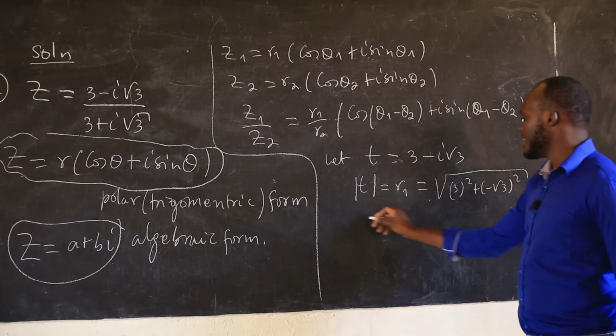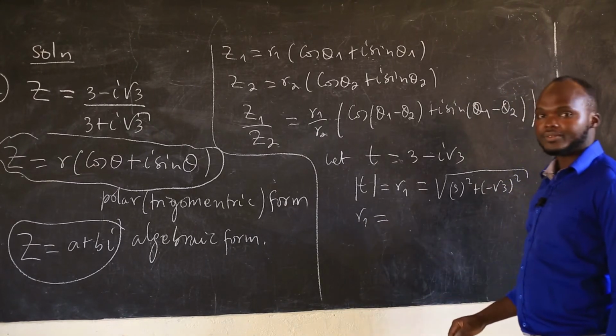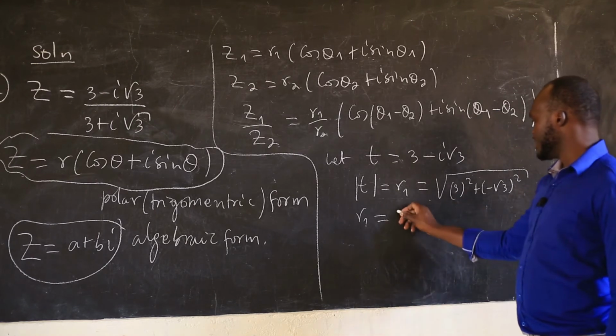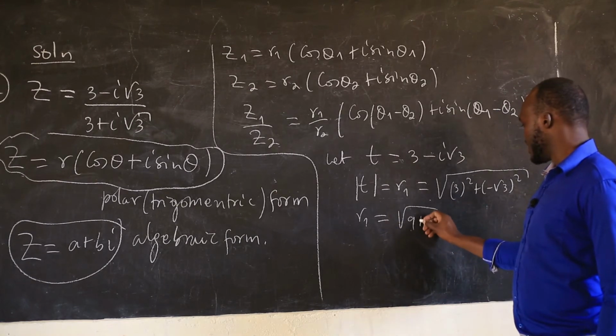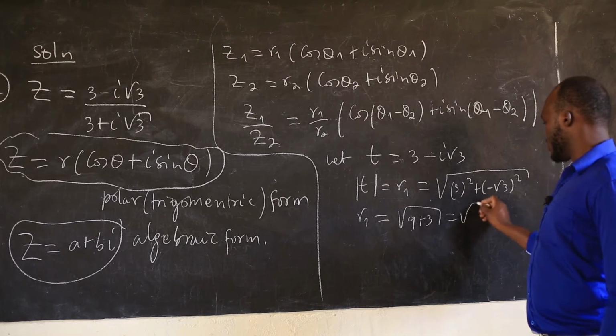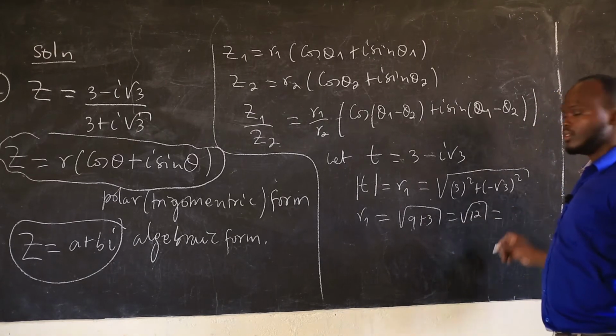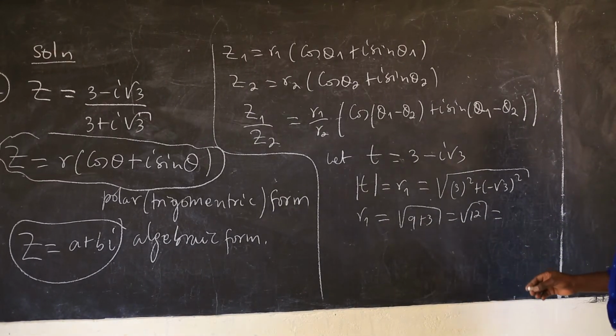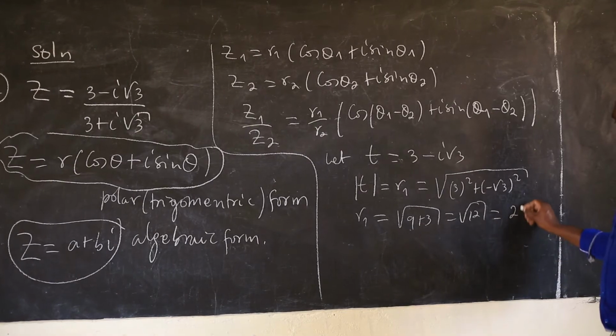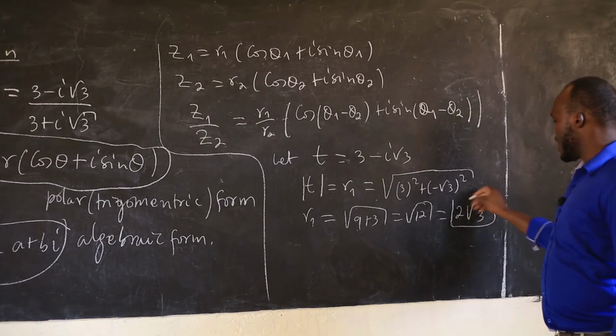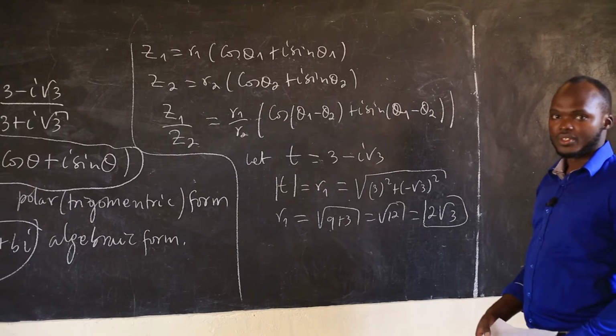So what is the answer? r1 equals root of 9 plus 3, which is root 12, and 12 is 4 times 3, and root 4 is 2. That is 2 root 3. So our r1 is 2 root 3.